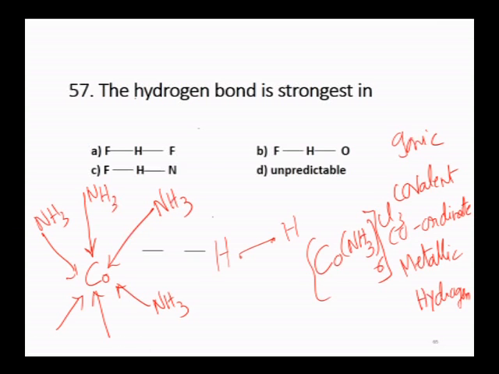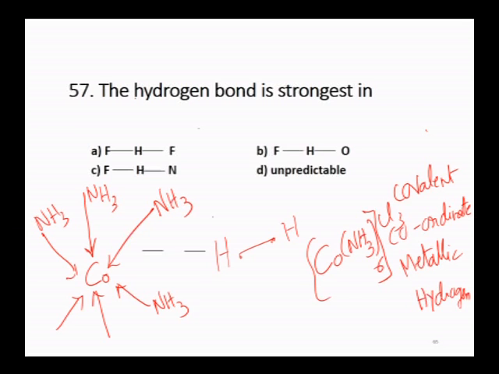In the case of a hydrogen bond, it is an attractive force between a highly electronegative element and a hydrogen atom. A hydrogen bond is always formed between a highly electronegative element and hydrogen.